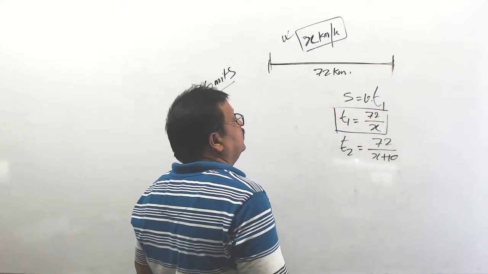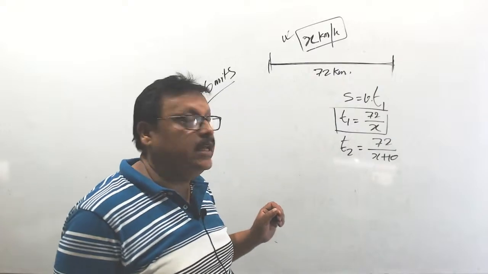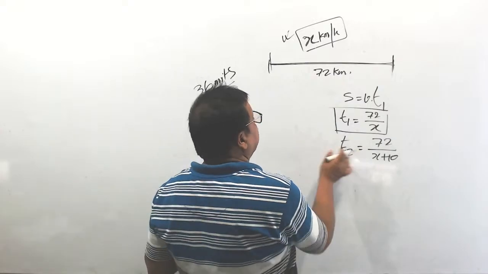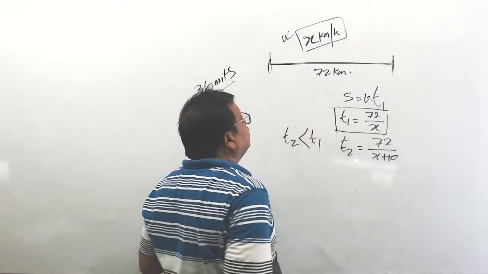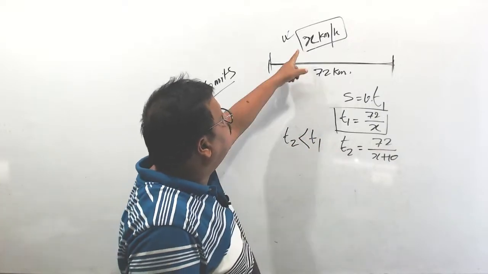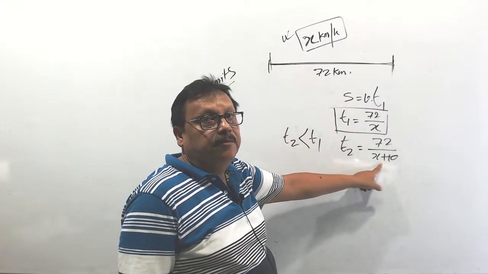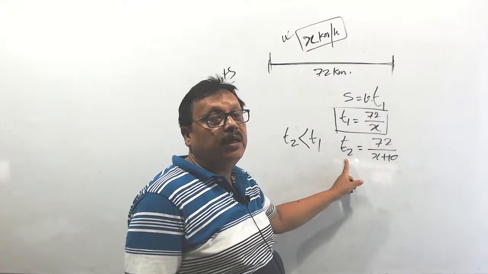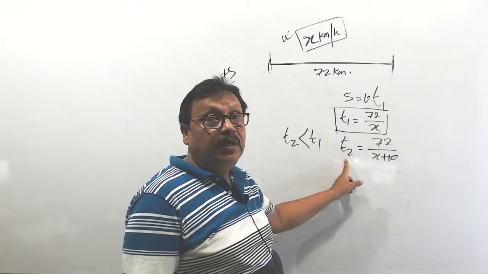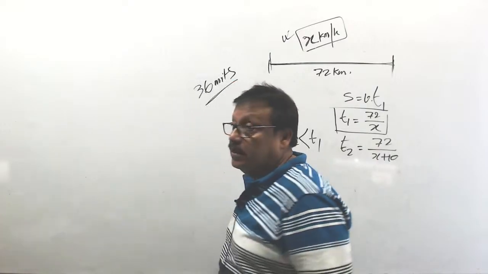Which time is greater and which is lesser? Of course, T2 is lesser than T1, because it is the increased speed, which is more. So the time will decrease.